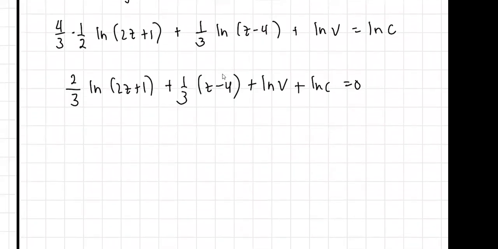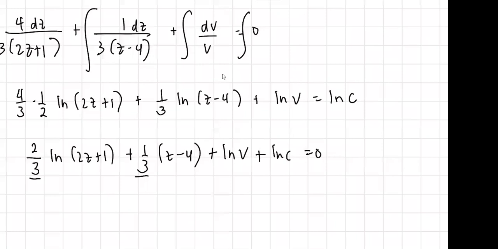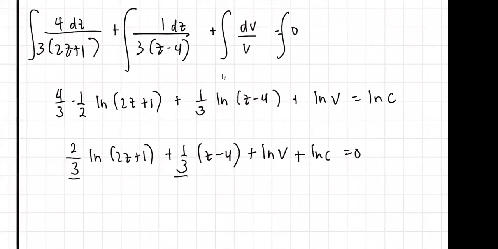Then simplify natin lahat. So yung mga nasa unahan pwedeng maging exponent. So meron tayong ln 2z plus 1 to the 2/3 times z minus 4 to the 1/3, okay, times v times c. Or pwede simplify natin ng mas maganda, i-multiply natin lahat ng term natin by 3 para wala tayong fraction.